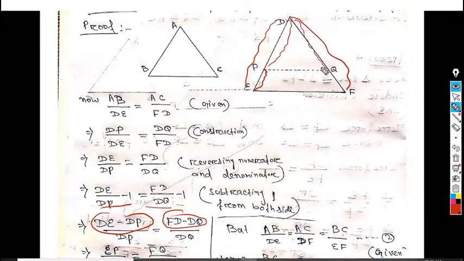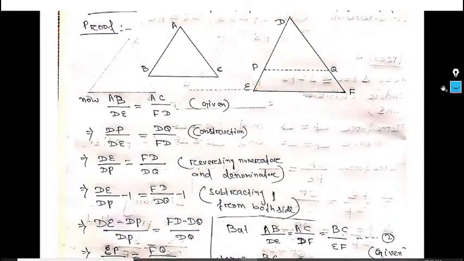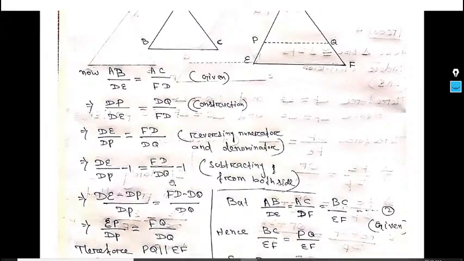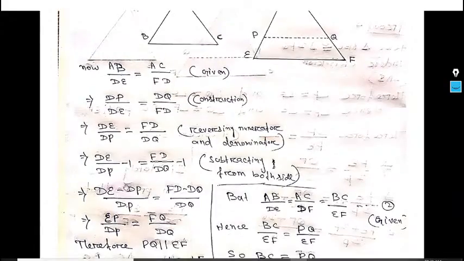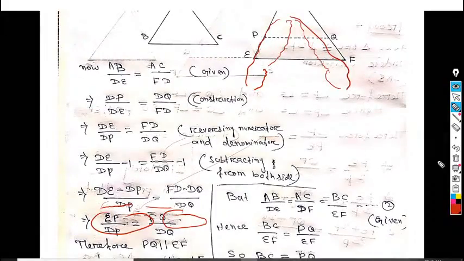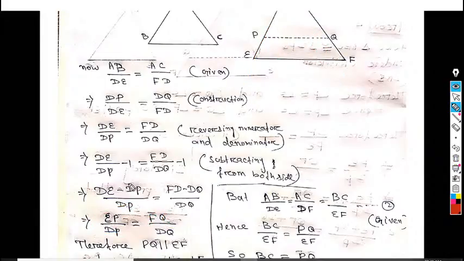Then what will remain? FQ. So DE minus DP is equal to EP. I've shown it in the figure, and DP is as it is. So EP by DP equal to FQ by DQ.